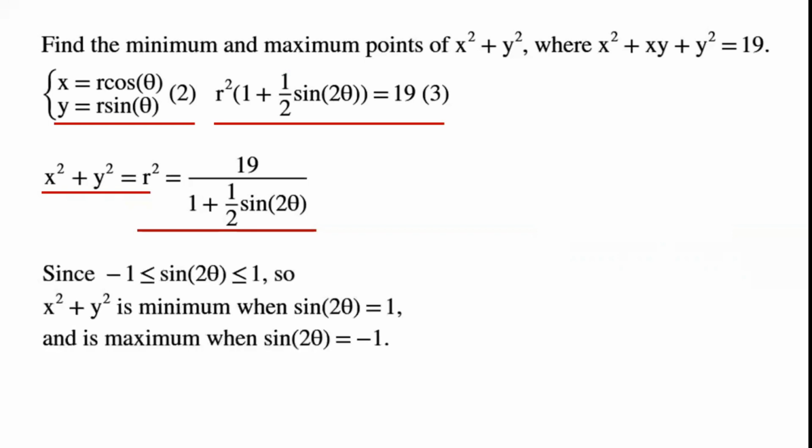Since minus 1 is less than or equal to sine 2 theta, which is less than or equal to 1, x squared plus y squared is minimum when sine 2 theta equals 1 and is maximum when sine 2 theta equals minus 1.